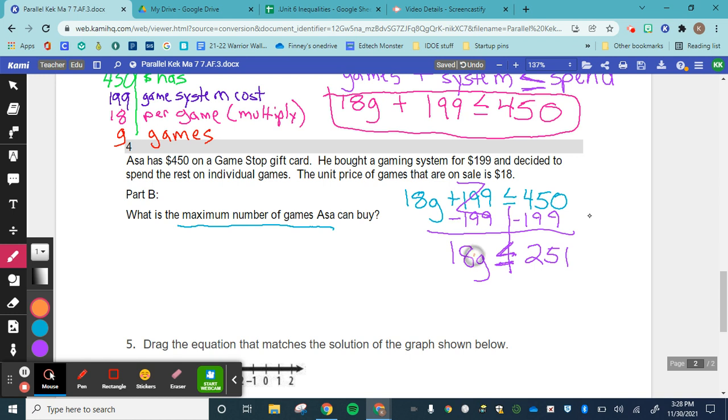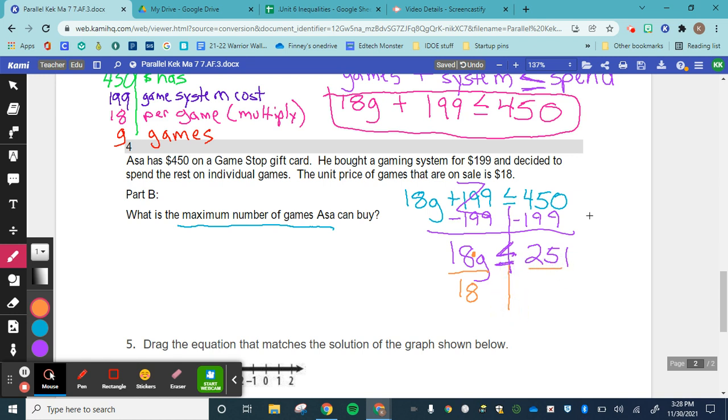I always recommend that when you have the number right beside the variable, you put the multiplication dot in there to remind you that that is multiplication, and so you have to cancel it out by dividing. Since that is times 18, we will divide by 18.